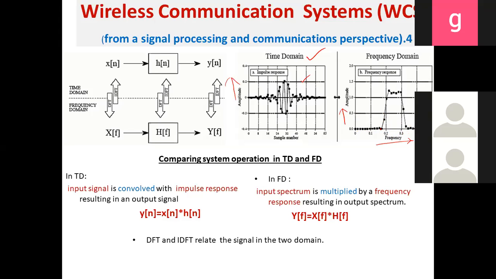You can see here, the frequencies from 0.19 to 0.32, something like that. So this system is giving a response, and the amplitudes of these frequencies are almost 1.2 to 1.3, whereas the rest of the frequency components are zeros. So you can get more information from the frequency domain than the time domain.